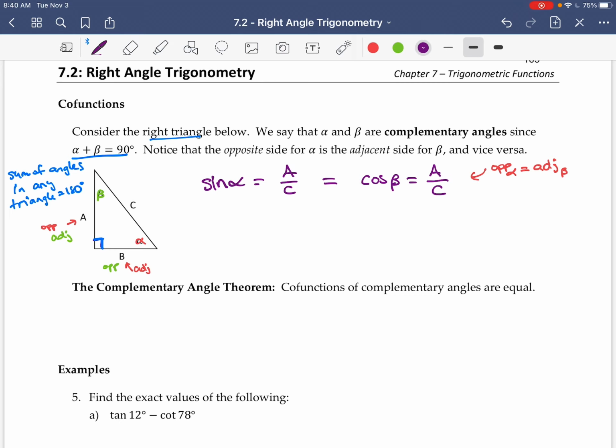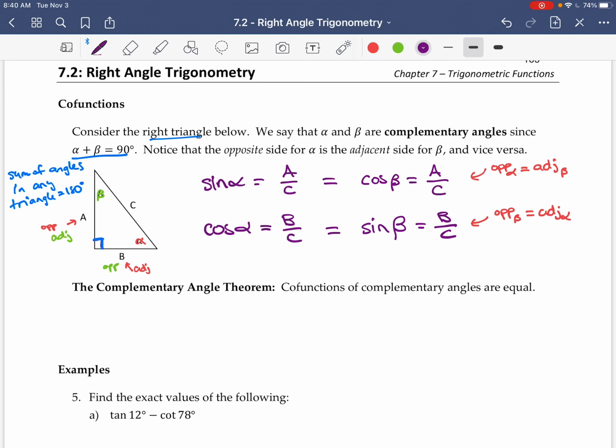So similarly, cosine of alpha is going to be the adjacent over the hypotenuse, so b over c. And that's going to be the same as sine for beta, because the opposite for beta is equal to the adjacent for alpha. So they switch.